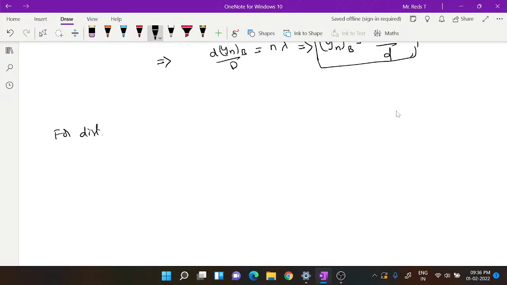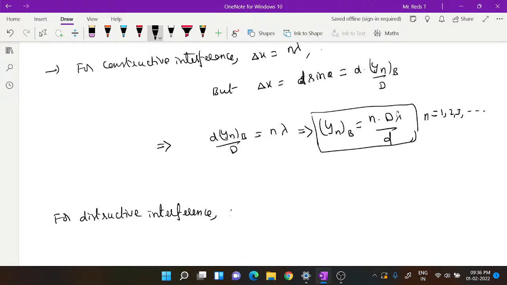For destructive interference, what is the phase difference condition? 2n minus 1 into pi. The path difference we have obtained is delta x equal to 2n minus 1 into lambda by 2. Remember, destructive means both path difference and phase difference conditions. For constructive, path difference is n lambda and phase difference is 2n pi.